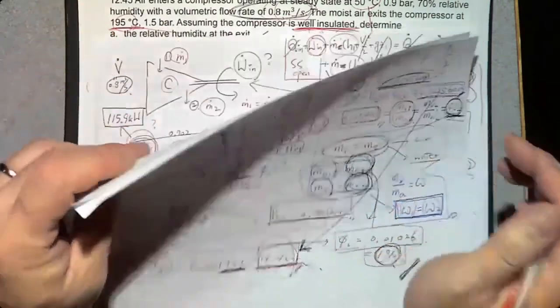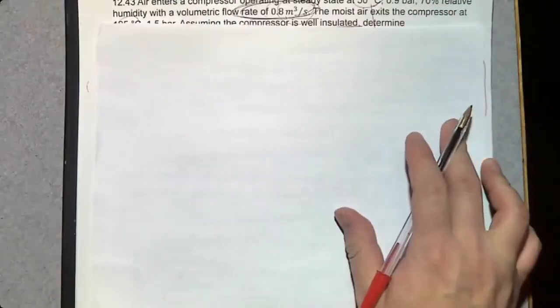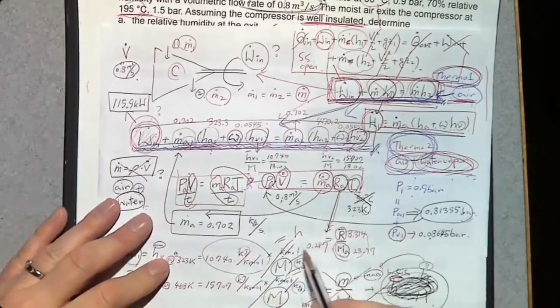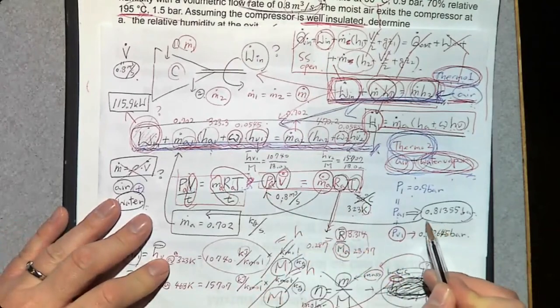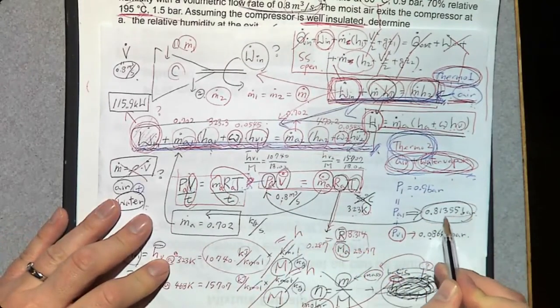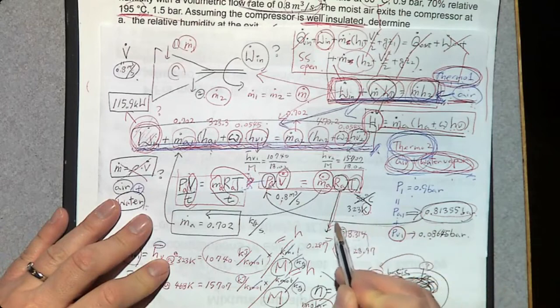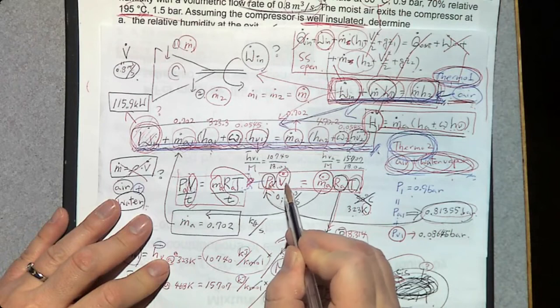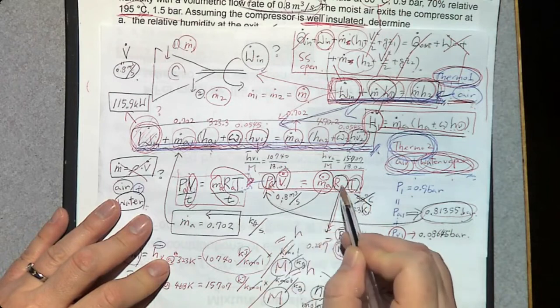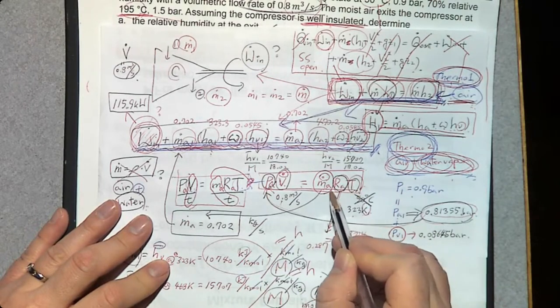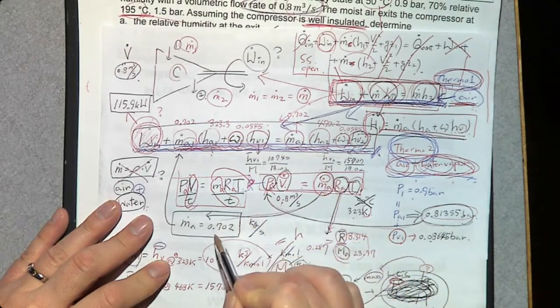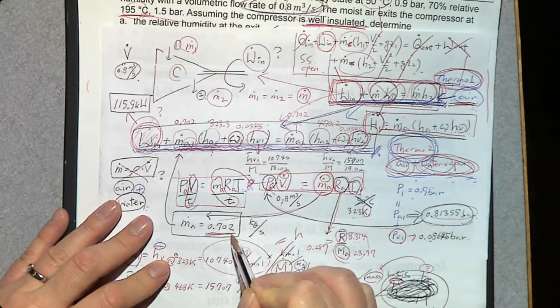That is the partial pressure of dry air at the inlet, which is 0.81355. So we can use this value, and since we know the flow rate, the gas constant and temperature, we can determine the mass flow rate of dry air, which is 0.702.